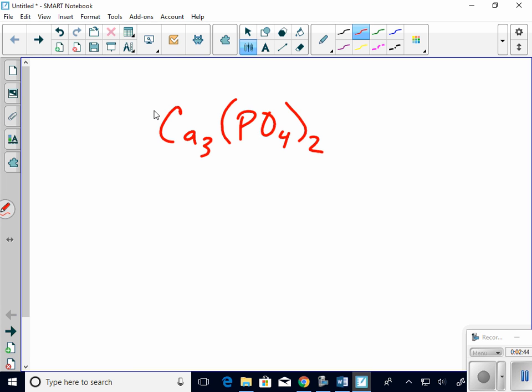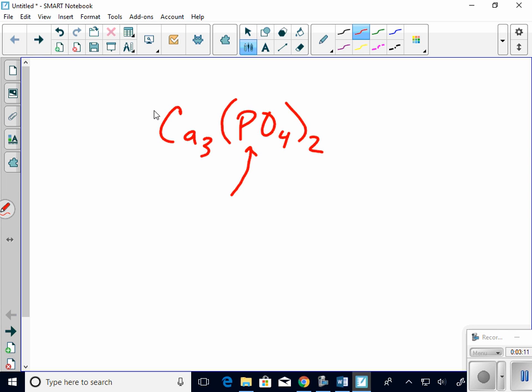So I look and I say, all right, I have 3 calcium, right? How many phosphate do I have? 2, because I know if there is no number behind an element, what does that mean? If there's no number behind, what does it mean? It means there's only one of them.